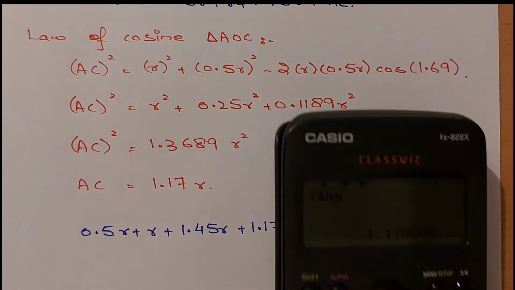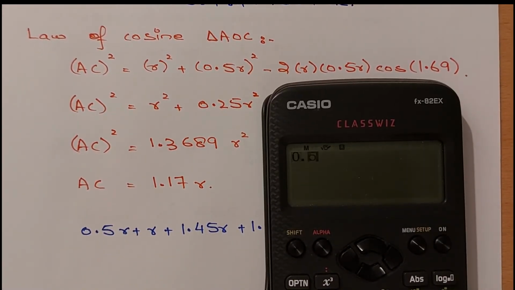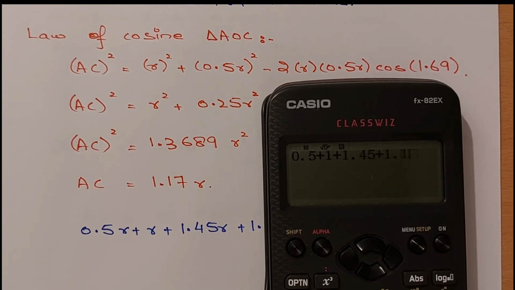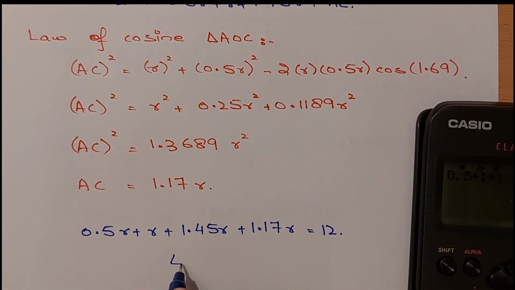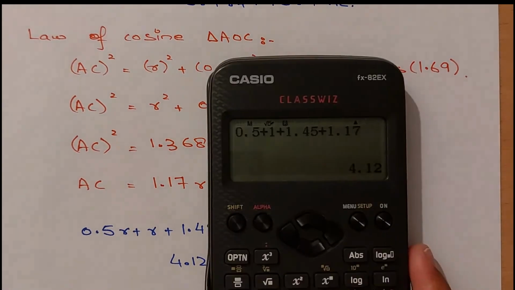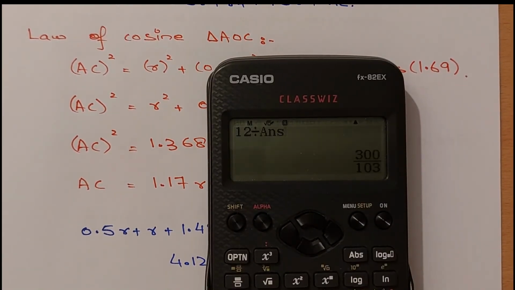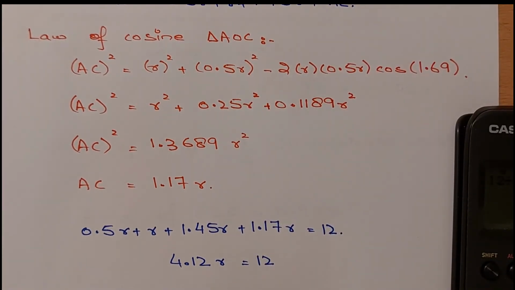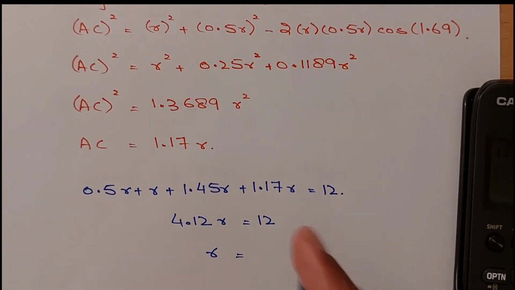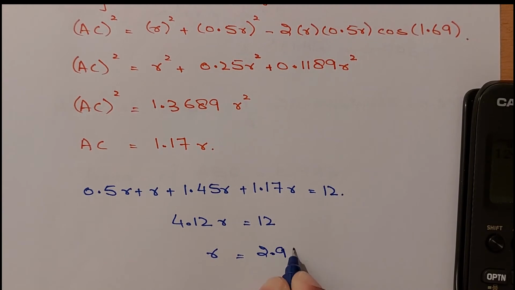Okay, let me solve for R. 0.5 plus 1 plus 1.45 plus 1.17, so 4.12. 4.12 R equals 12, and 12 divided by the answer, we will get the value for R, 2.91. So R is equal to 2.91 centimeter, the radius.